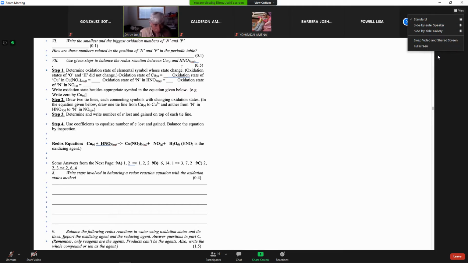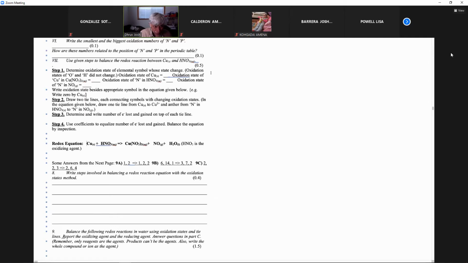So what do we have here? Step number 1, oxidation symbol, the elemental symbol whose state changes. We already did that. Over here, I write Cu is 0, and Cu over here is 2 plus.